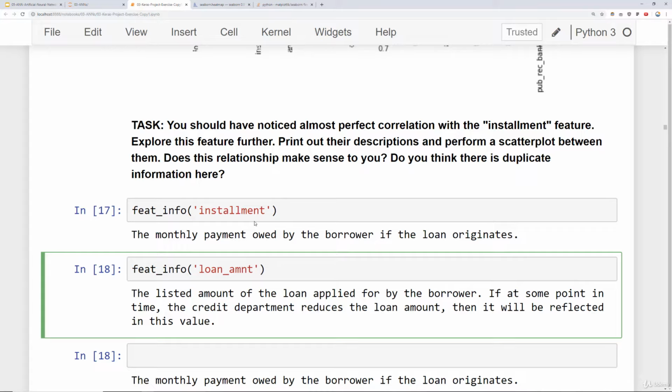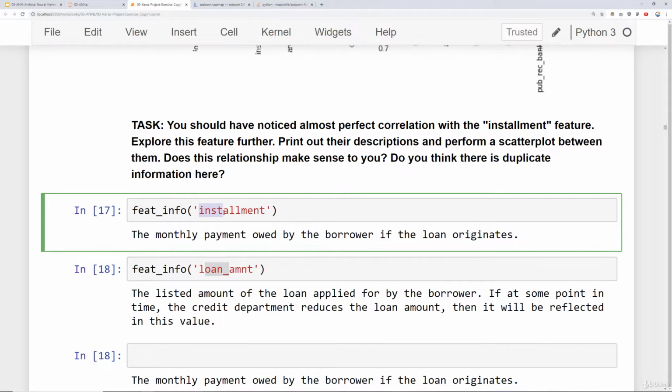If you loan someone out $1 million, you would expect that following some formula, your monthly payment installments are going to be quite high. And you'll probably use that same formula even if you loan someone $1,000, and then those payments will be likely much less. So they're clearly using some sort of formula that is just a direct function of the loan amount to figure out what the installment should be.